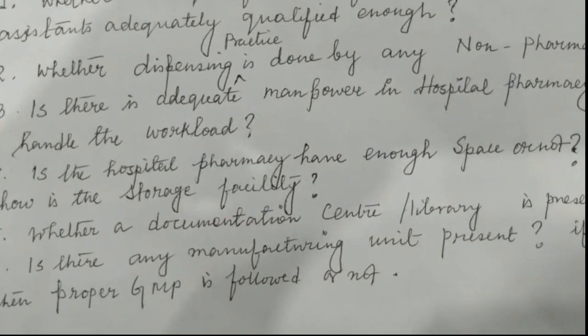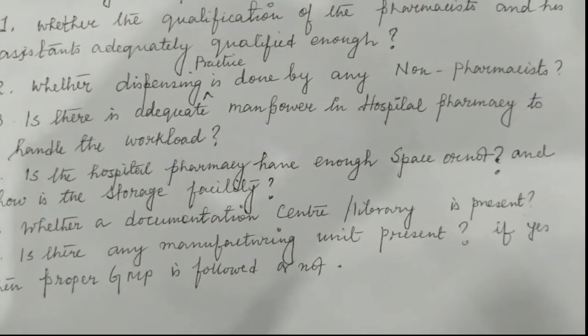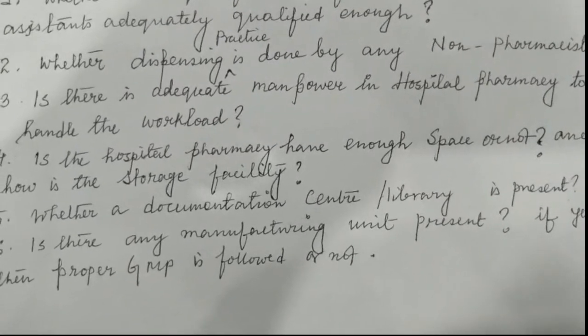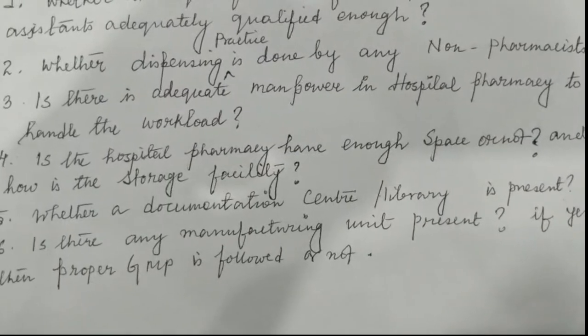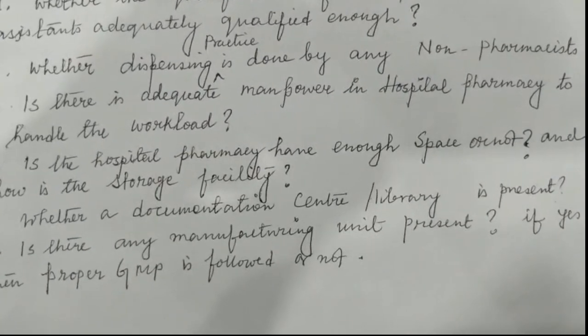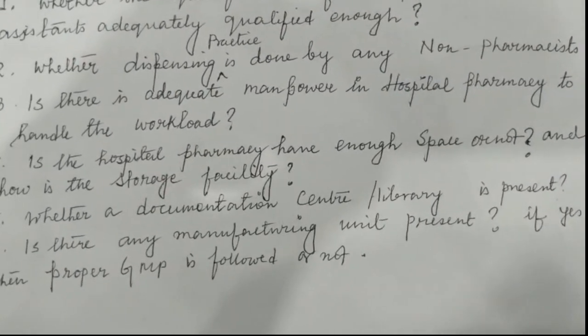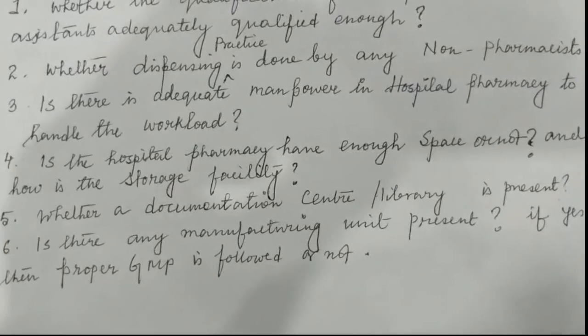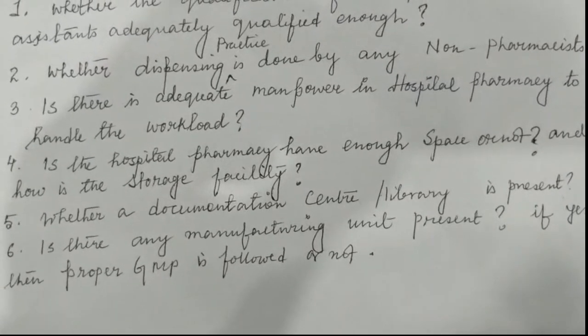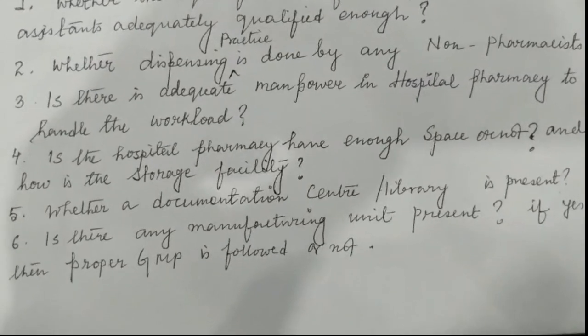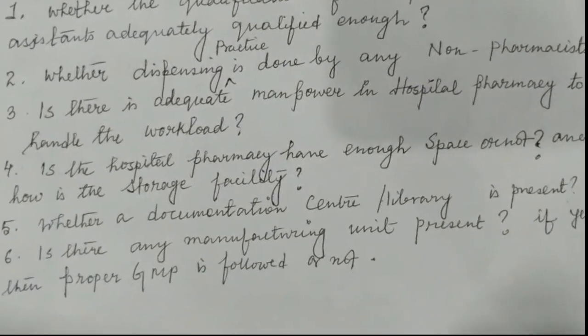Number 4 is whether the hospital pharmacy has enough space or not, and how is the storage facility. Number 5 is whether a documentation center or library is present. Number 6 is whether there is any manufacturing unit present. If yes, then is proper GMP followed or not?